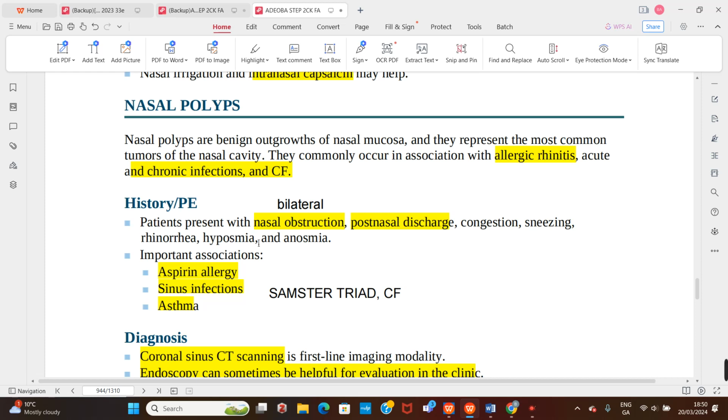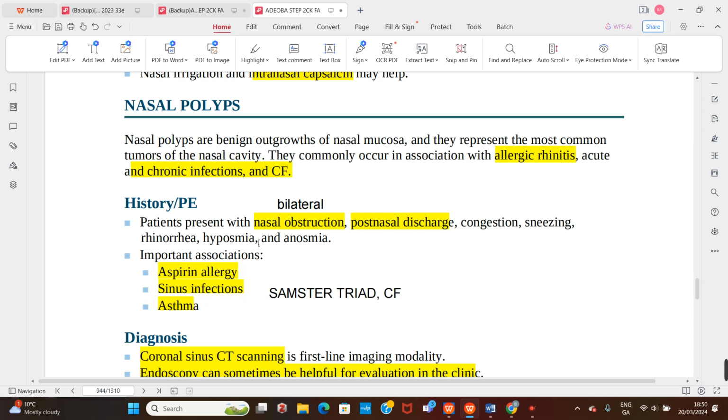Because of the obstruction, you are going to have mucus pooling at the end of it, leading to postnasal discharge. The nose is going to become congested. They are going to have problems perceiving smell. So hyposmia, anosmia, postnasal discharge, bilateral nasal obstruction. Please tilt your mind towards nasal polyps.